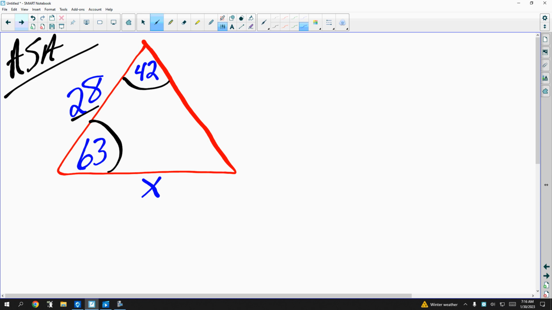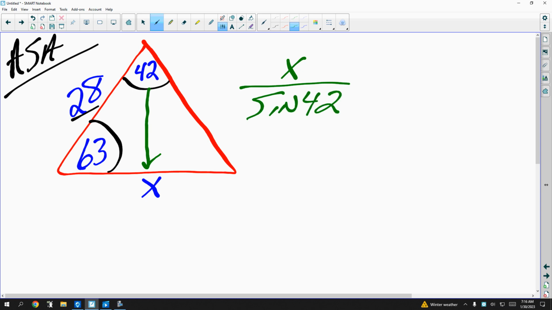So on the previous problem, I drew an arrow, didn't I? I drew an arrow here. And so it would be x over sine 42. And that's doggone easy to understand. But crud, I can't do it with the 28 and the 63 because they're not across from each other. But I got to remember that the triangle is 180.